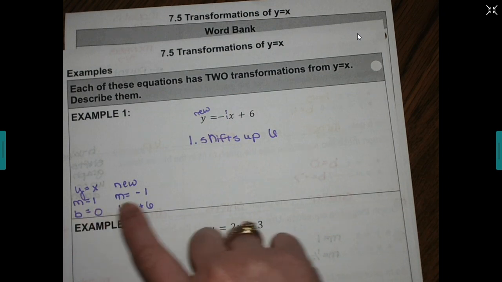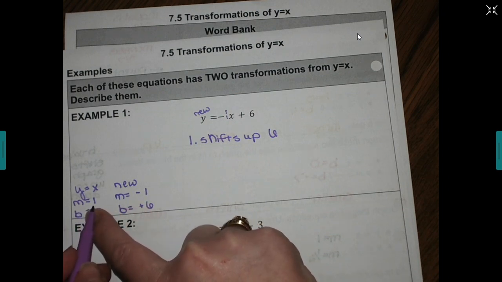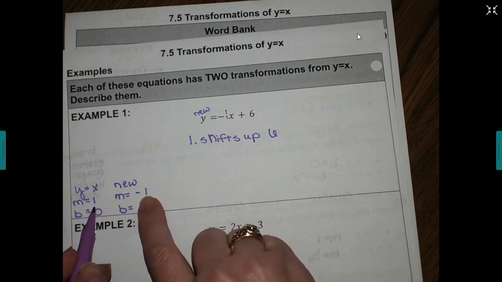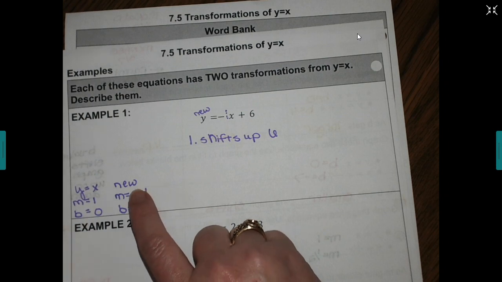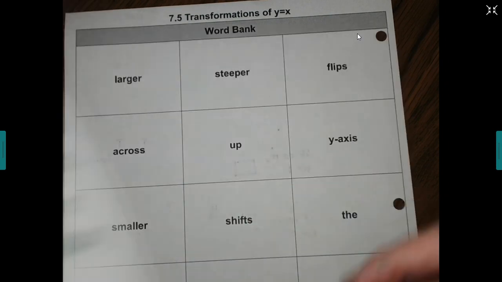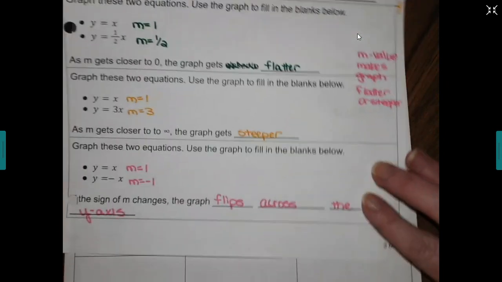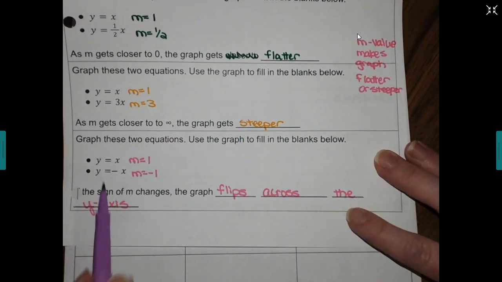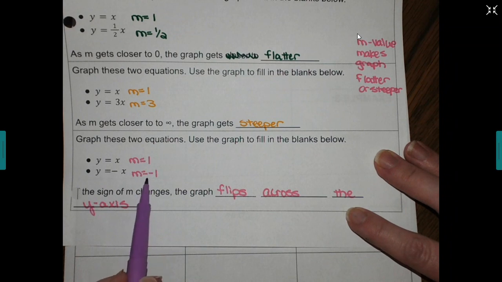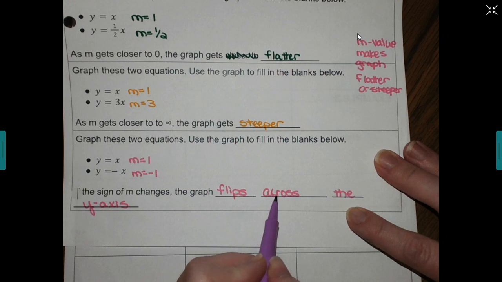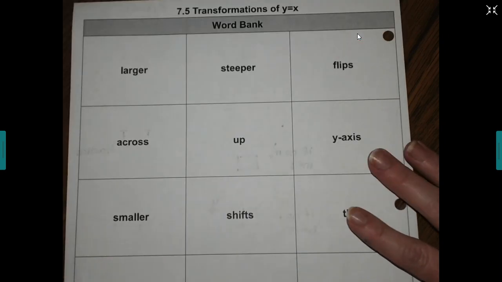Now I'm going to deal with my m, which is my slope. The only difference from 1 to negative 1 is that my sign changed from positive to negative. So I do have a rule about the sign changing. If the sign of m changes, the graph flips across the y-axis.